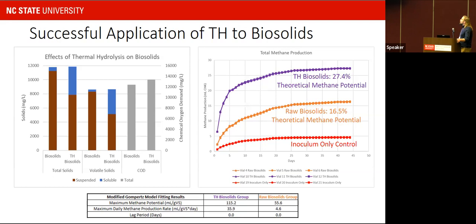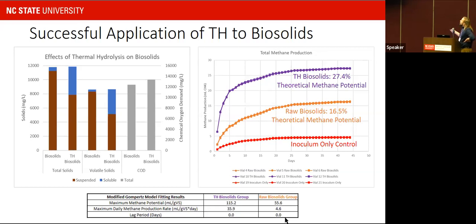For some clues as to why these process improvements are happening, I'll call your attention to this figure here on the left. So we have total solids, volatile solids, and COD, and then their axes on these two sides. But I want to call your attention to the volatile solids, particularly this part here. You see in brown, we have particulate or suspended solids.